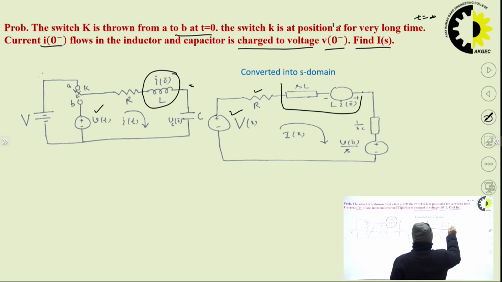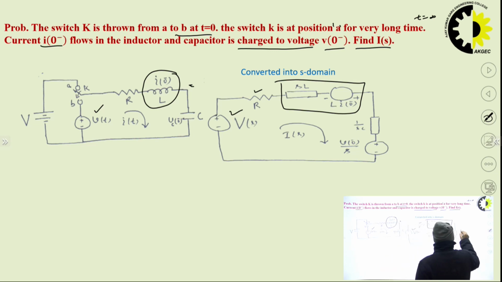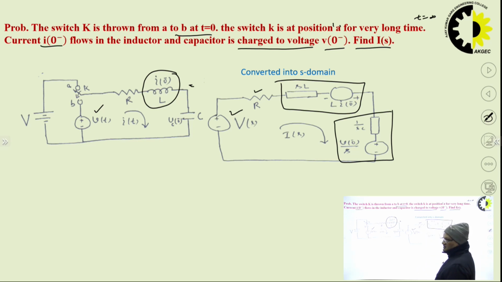This is the equivalent of the inductor in S domain, and this is the equivalent of the capacitor in S domain. Now we can apply Kirchhoff's voltage law, because here it is very easy to apply it. That's why I have taken the appropriate circuit diagram in S domain for the inductor and capacitor.